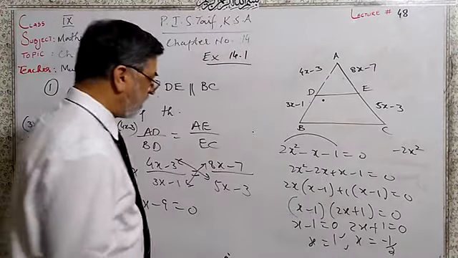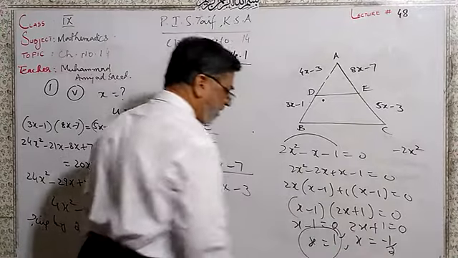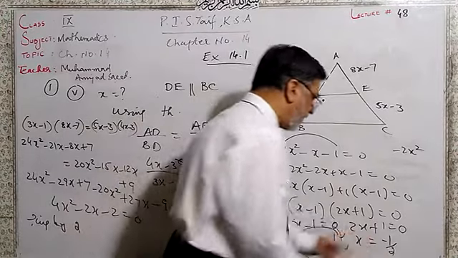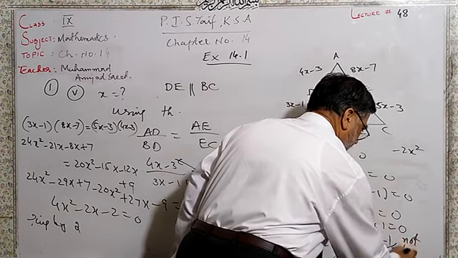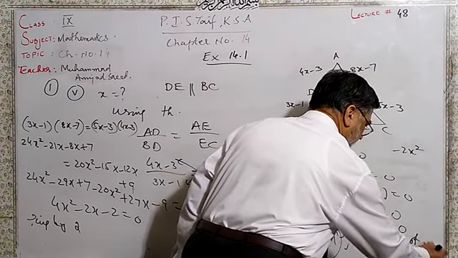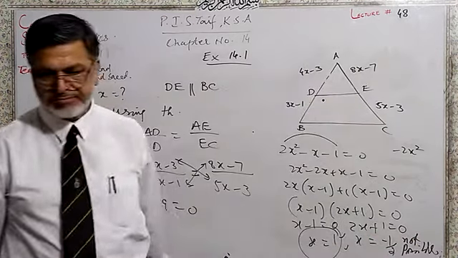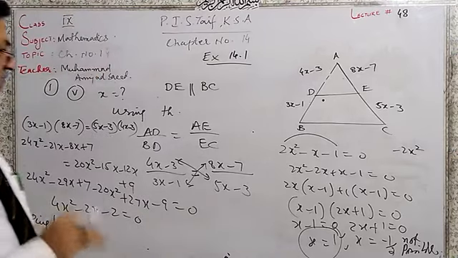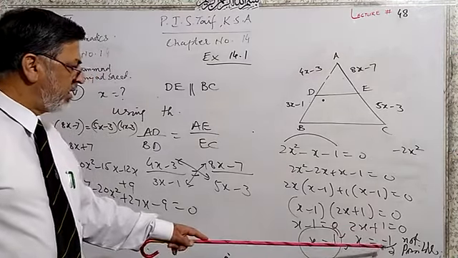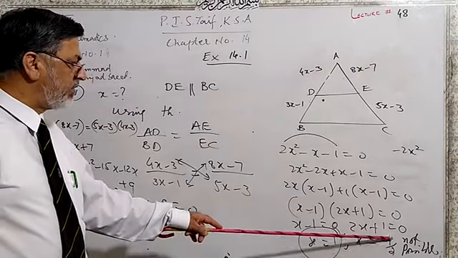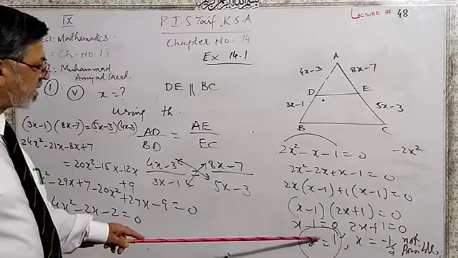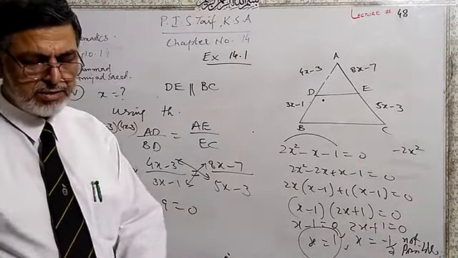Basically, x is equal to 1 is the correct option. x is equal to minus 1 over 2 is not possible because the length of a side is never negative. So that's why x equal to minus 1 over 2 is not your answer. x is equal to 1 is your answer.